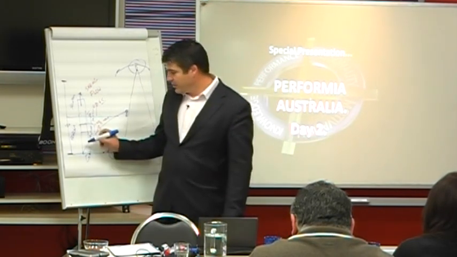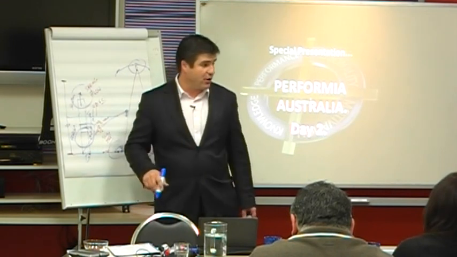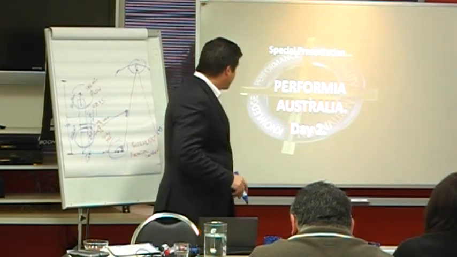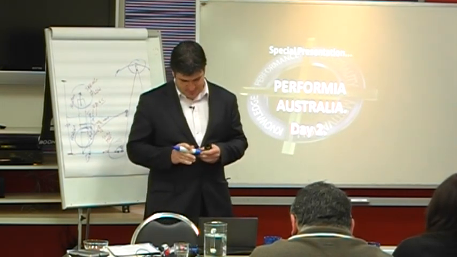And we know that this area down here is the stop and slow area, and this area up here is the flow area. And this thing about emotion, we're going to spend a bit of time on.